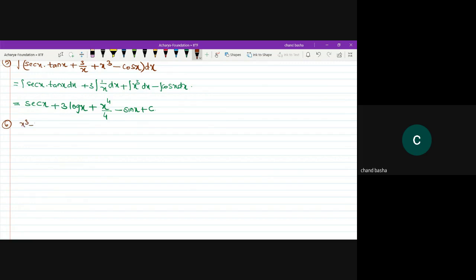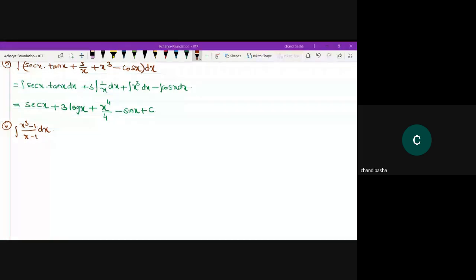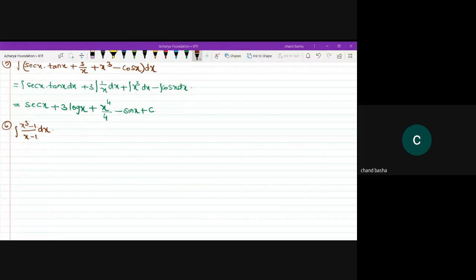Integral x cube minus 1 divided by x minus 1 dx. It is a simple question if you are observing the given question carefully. I'll give just 30 seconds, guys. You can give the answer. Shashank, down your hand.